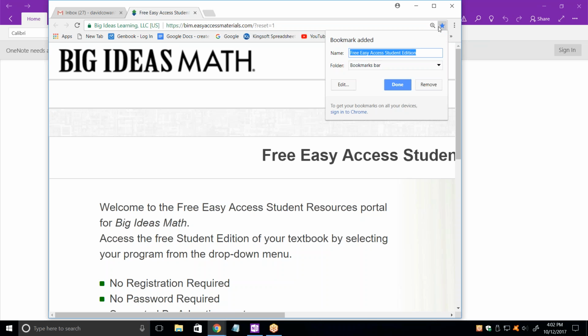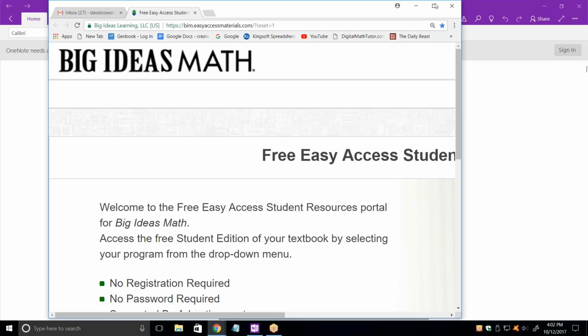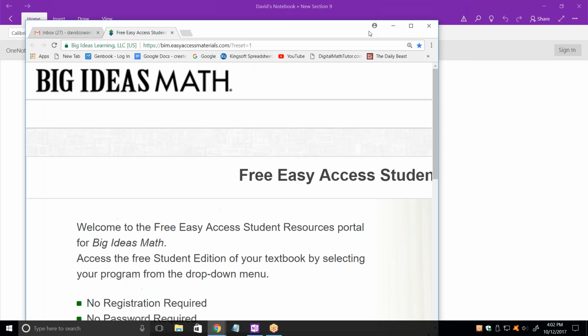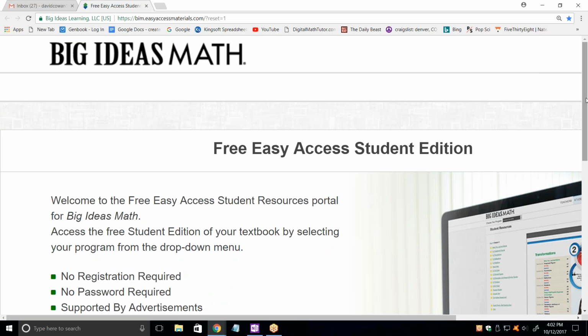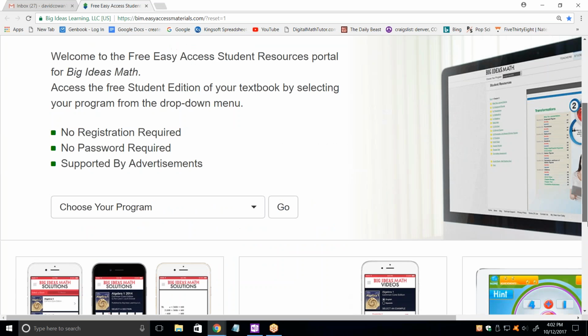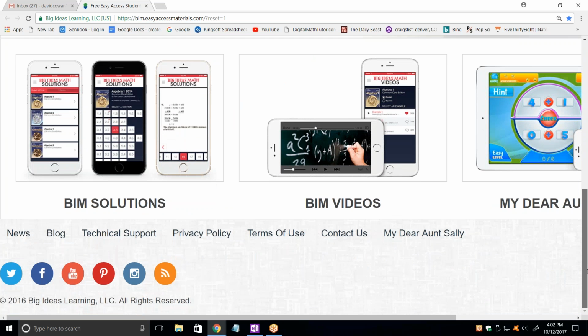Big ideas? It says easy math materials or easy access materials. All right. But easy access math is yeah. Okay, and it doesn't look like we need a password. No. Okay. Weird. And what now?